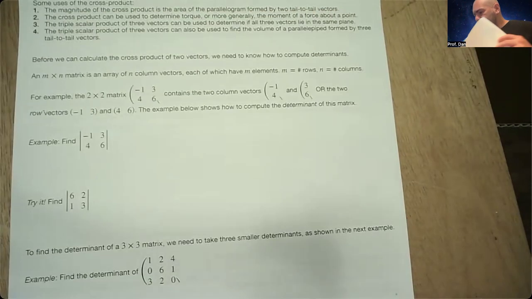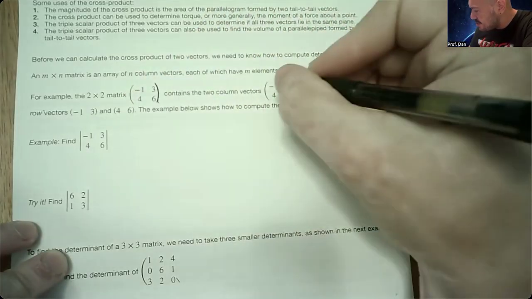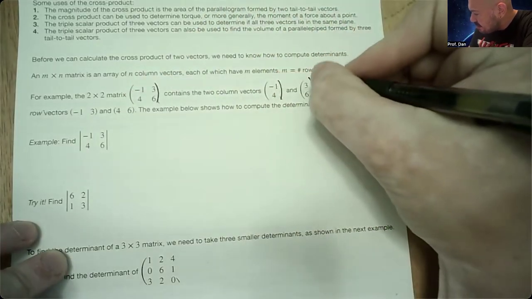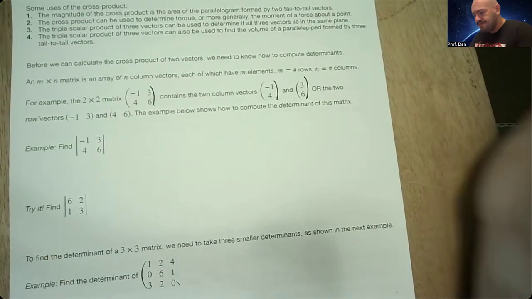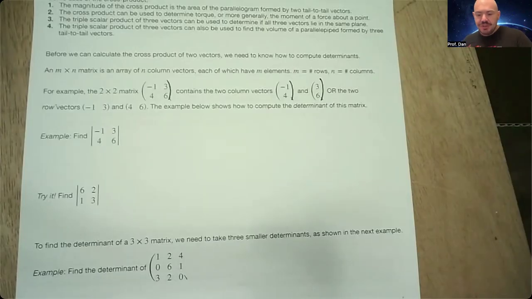With that said, let's look at how we can calculate the cross product and how we can use it to do other stuff. Before we actually get into finding the cross product, just a bit of a computational prerequisite. You may have heard of matrices before. You can think of them as a collection of vectors for the purposes of this course, and if you ever take a course in linear algebra, then you'll learn a lot more about them.